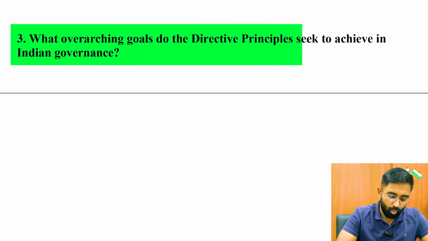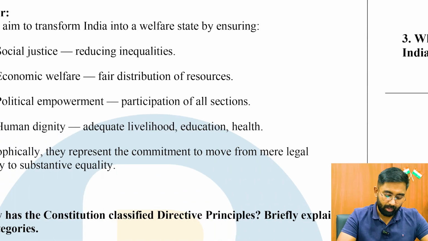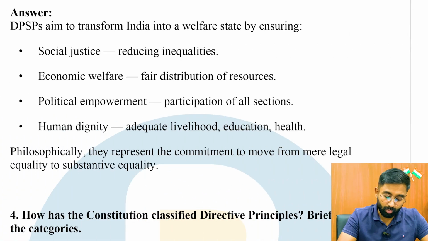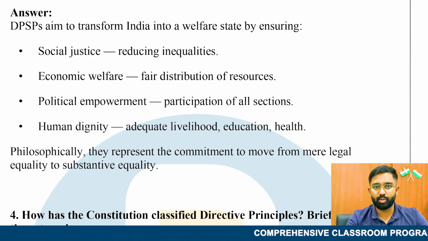Next question: what overarching goals do DPSPs seek to achieve in Indian governance? DPSPs aim to transform India into a welfare state by ensuring, most important, social justice, right, reducing inequalities, economic welfare, political empowerment, and also human dignity. So political empowerment, we can talk about the participation of women, children, right?